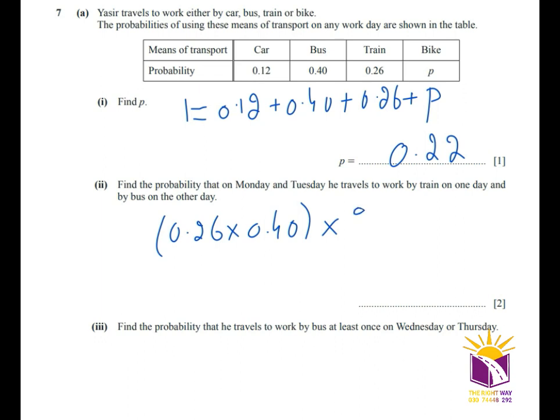So I am going to multiply it by 2. So 0.26 multiplied by 0.4 multiplied by 2 will be equal to 0.208.